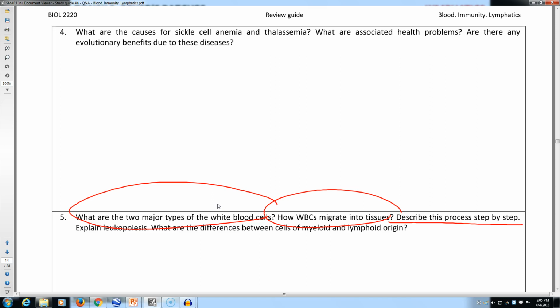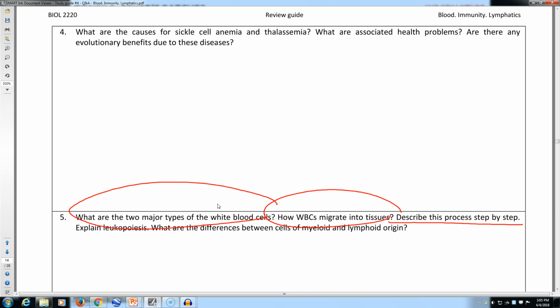Explain leukopoiesis. Well, there's not much to explain, or you can write a two-volume textbook on leukopoiesis. What I'm asking is, you have inflammation, you have inflammatory mediators, they stimulate leukopoiesis. Does it make sense?